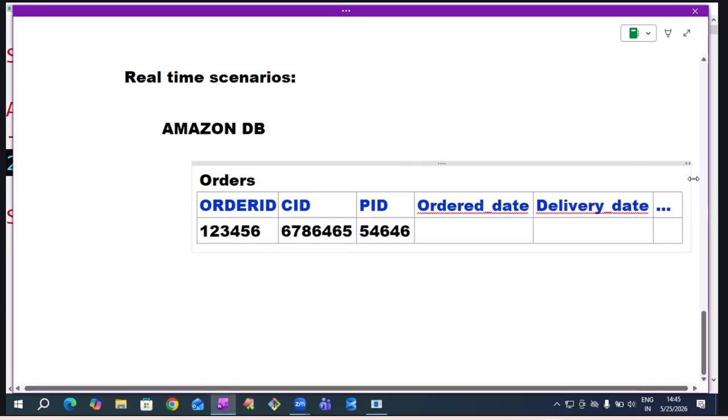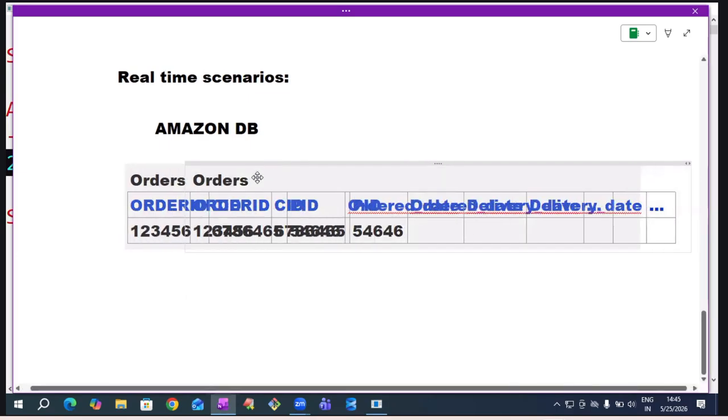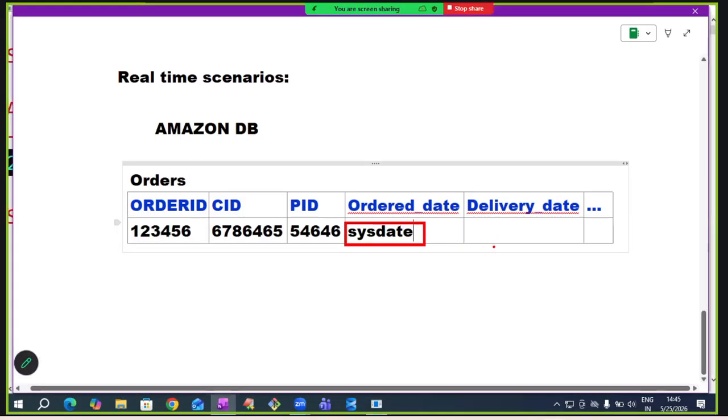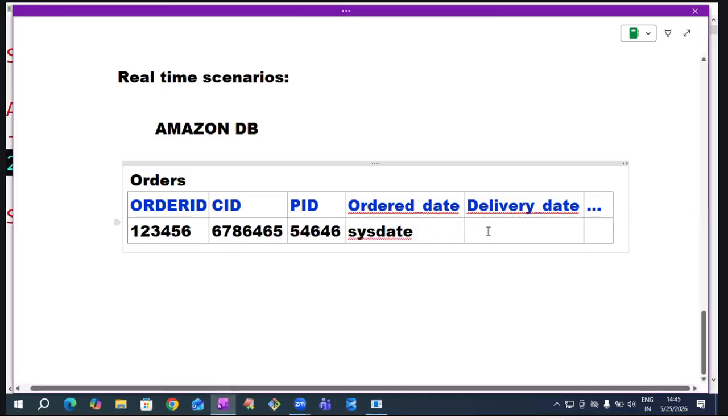Ordered date. So today you are placing order, so today's date they have to insert. Okay, so which function we use, sir? Assume that Amazon wants to deliver it after 5 days. How to find after 5 days date? In such type of situations, adding days is useful. This is example on adding days.